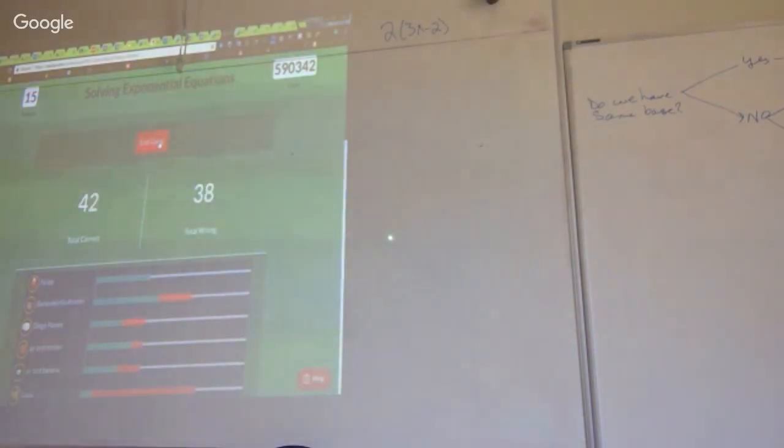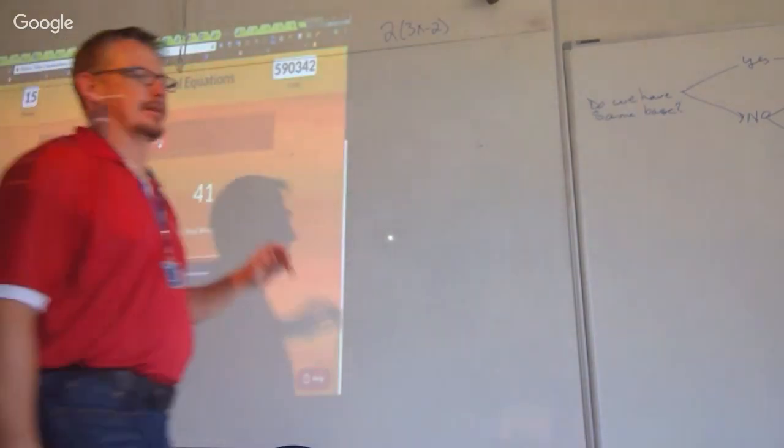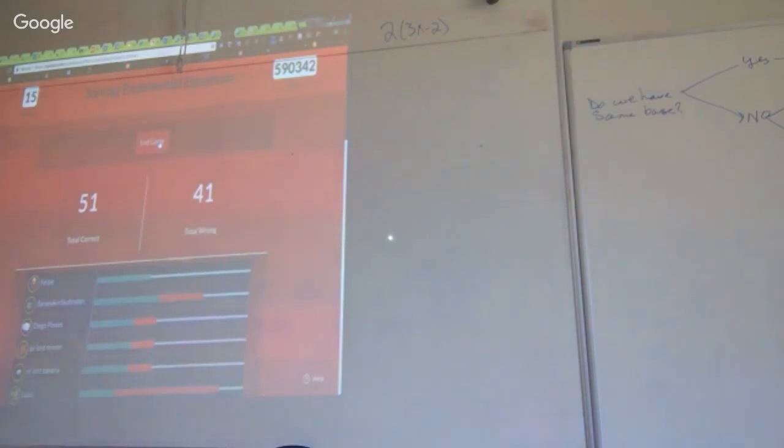Seriously, how many behind you? Yes. 3 in a row. I got it right. Oh, wow. Nice. 50 to 41. That's good. Woo! You're getting it right.